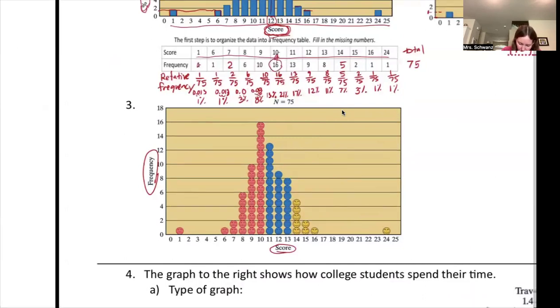Let's count: 1, 2, 3, 4, 5, 6, 7, 8, 9, 10, 11, 12, 13, 14, 15, 16. So they drew 16 little pictures on top of that score 10, so we can visually see how many people scored each of these scores. And they call this a pictogram.